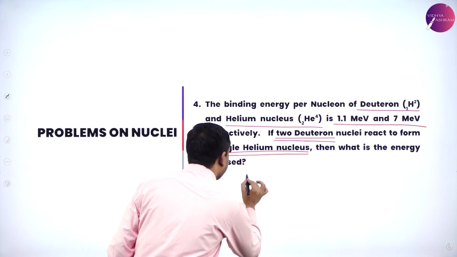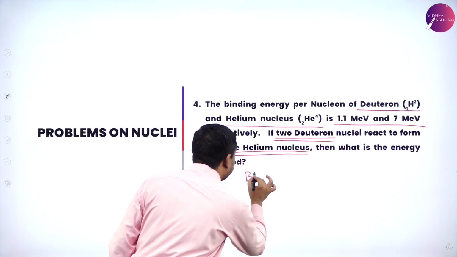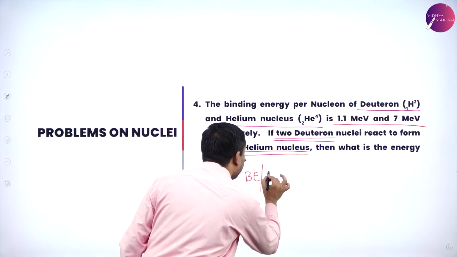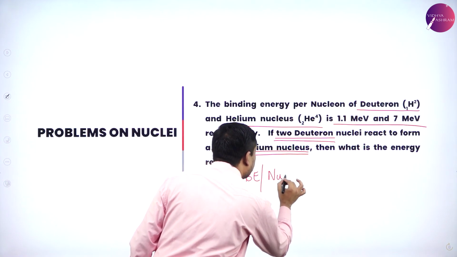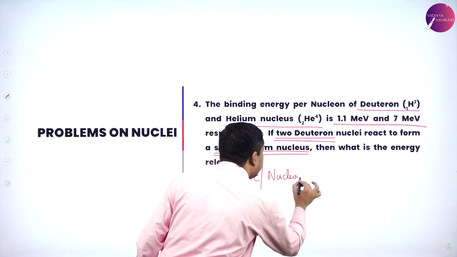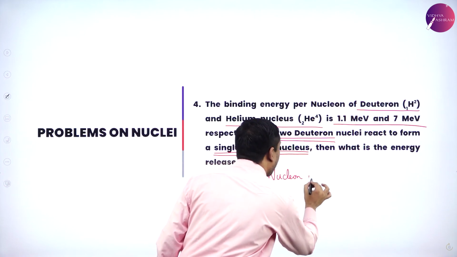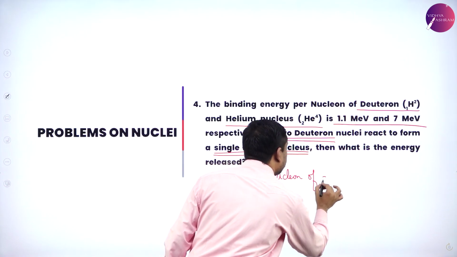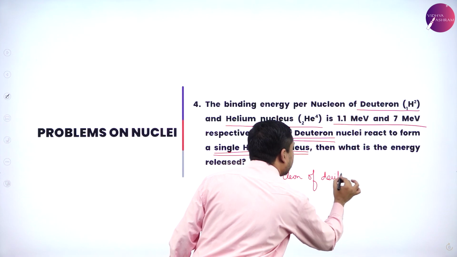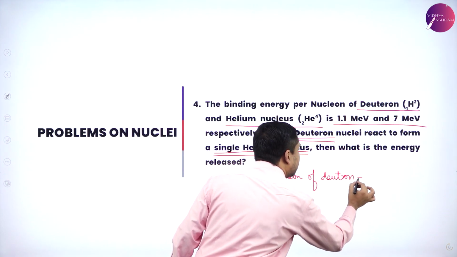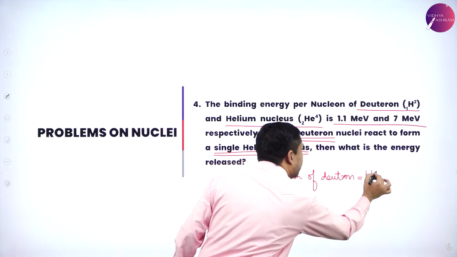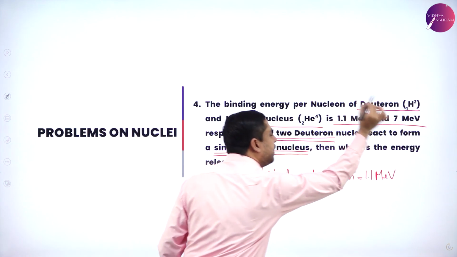Now, binding energy per nucleon of deuteron is given to be 1.1 MeV.